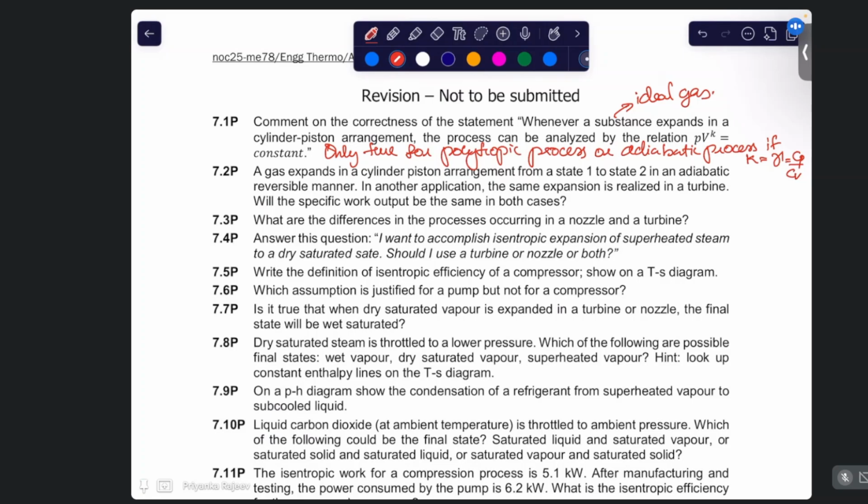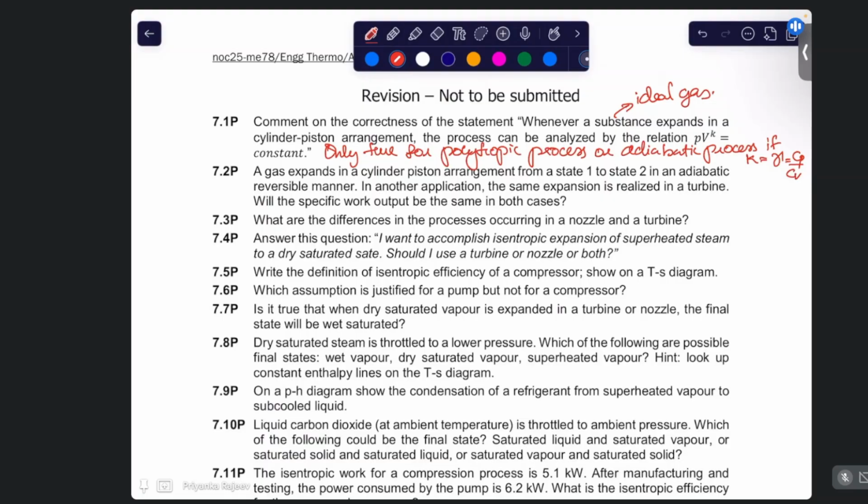So when an ideal gas is undergoing a reversible adiabatic process from state 1 to state 2, delta U can cause a change in delta H in a steady flow device, because delta H equals delta U plus R delta T for an ideal gas.